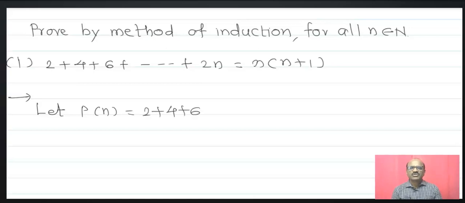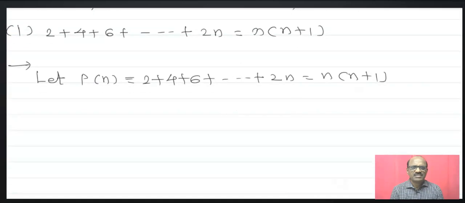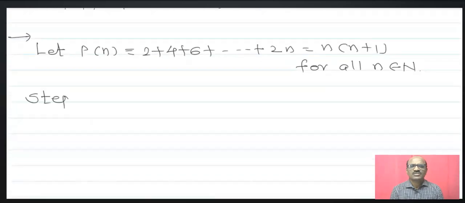Let P of n be 2 plus 4 plus 6 plus dash dash plus 2n is equals to n in bracket n plus 1, for all small n belongs to capital N.